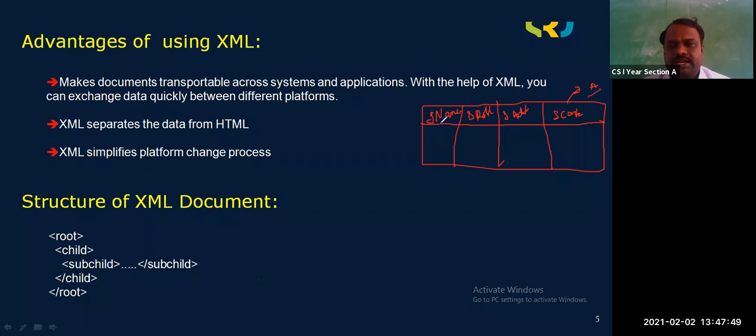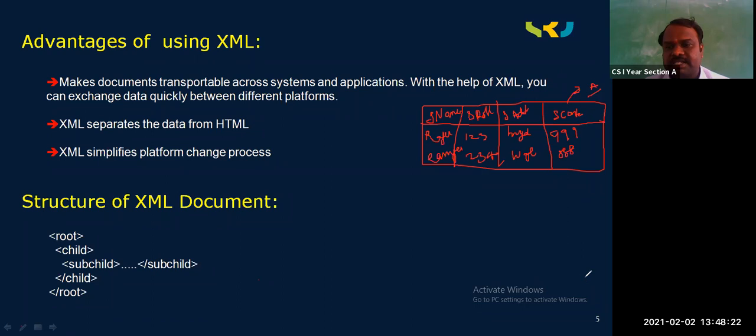Here, the student name is Raju, his roll number is 123, his address is Hyderabad, and his contact number is all 9s. Next, another one is Ramya, 234 is her roll number, she belongs to Warangal, and her contact number is all 8s.